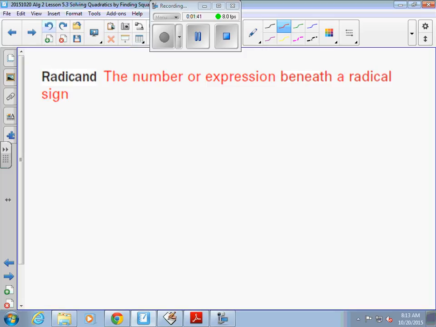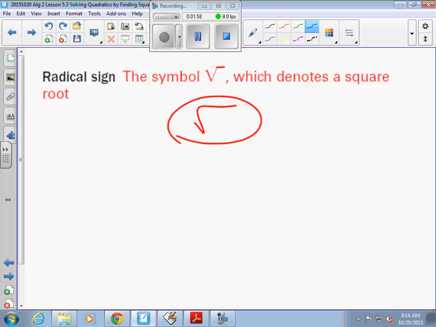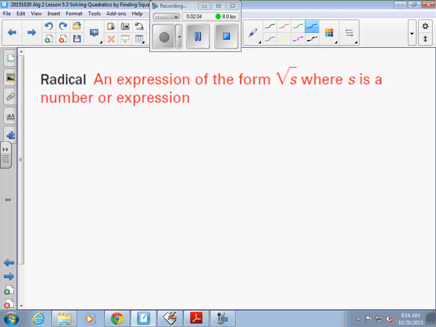The radicand is whatever is under the radical. This is the radical itself, but this number here is the radicand. So if you see that term radicand, that's what it means. The radical sign is the symbol itself. The radicand is what's underneath it. The radical is the entire thing.